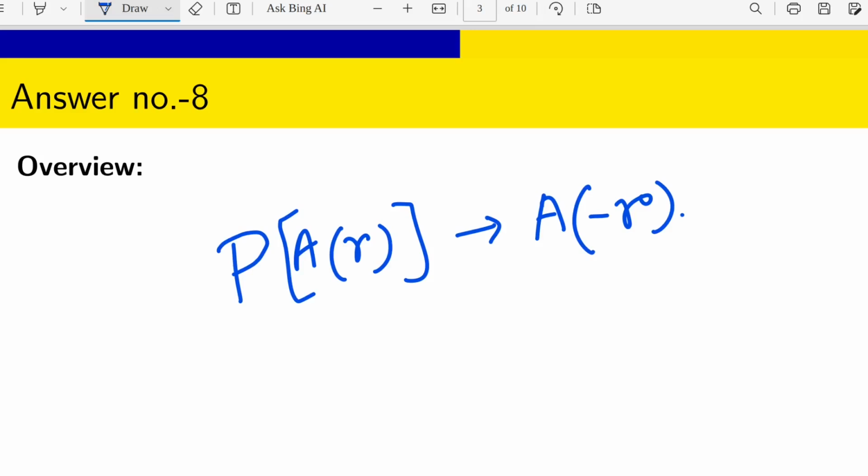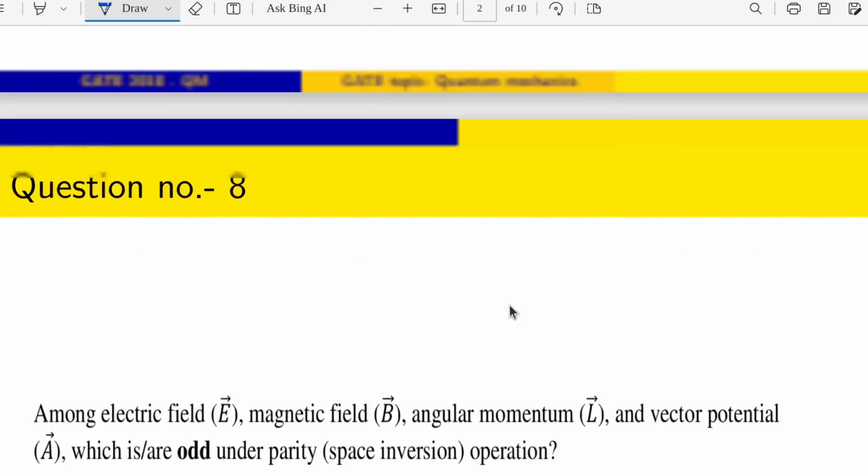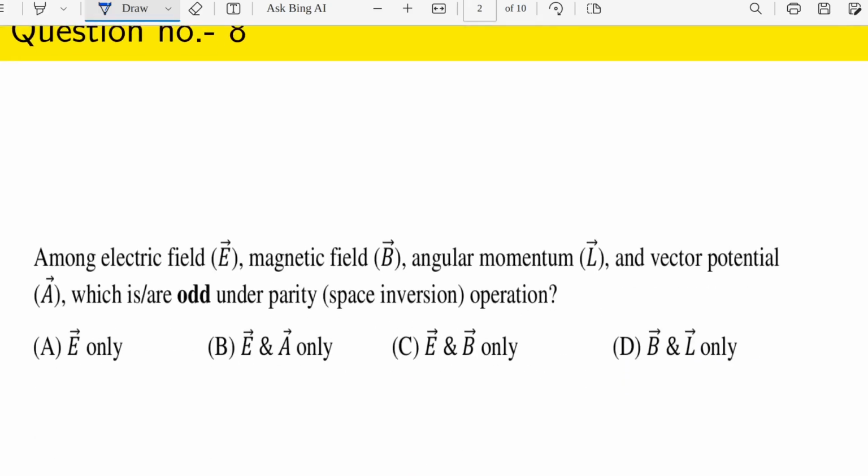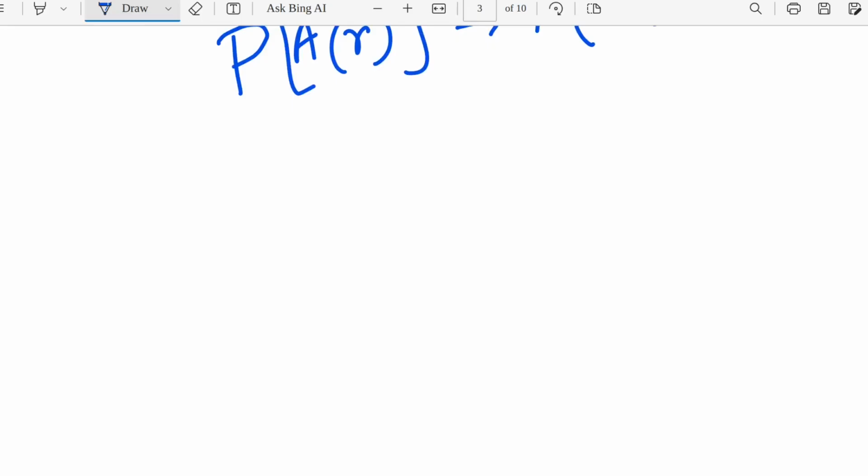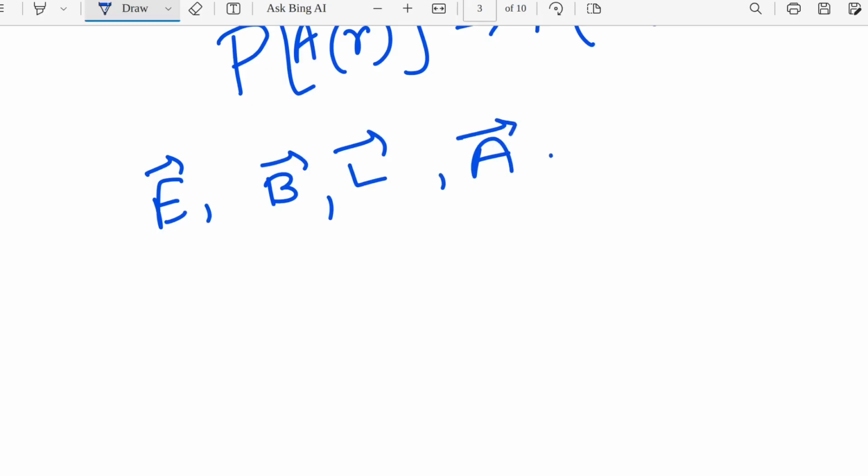Now in the question there are four variables given: electric field, magnetic field, angular momentum and A, the magnetic vector potential. Among these four, we have to tell which are odd under parity.